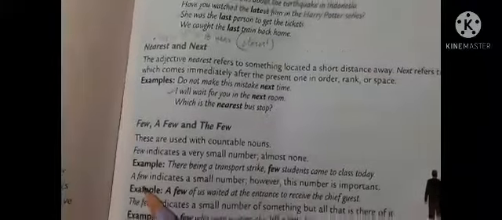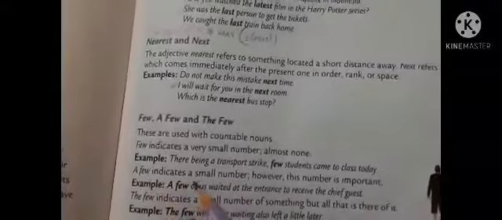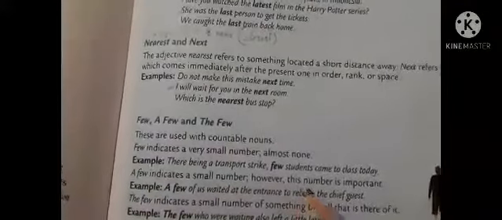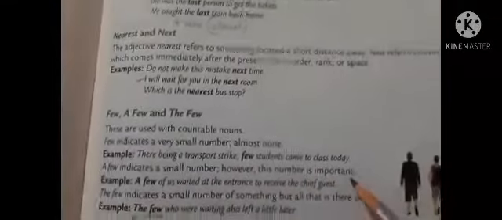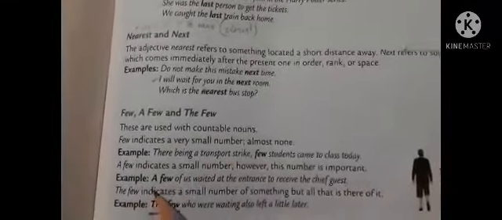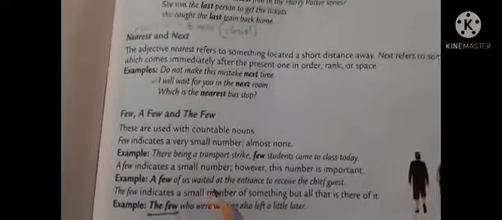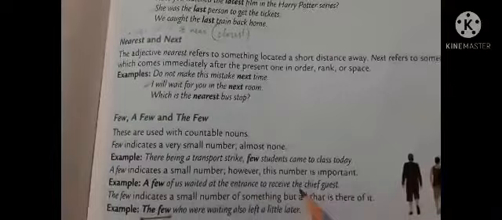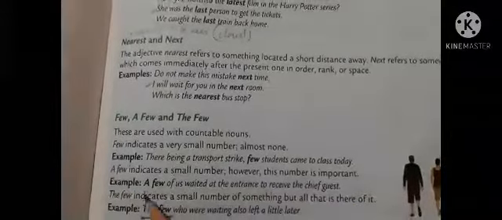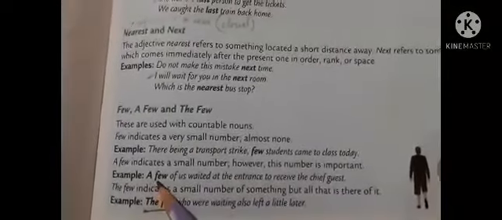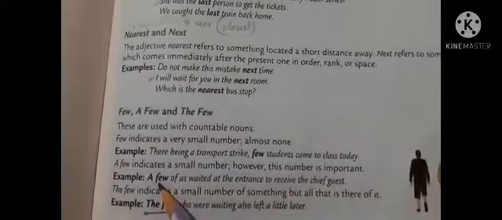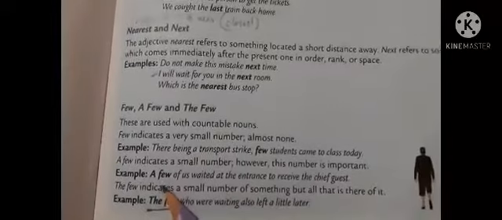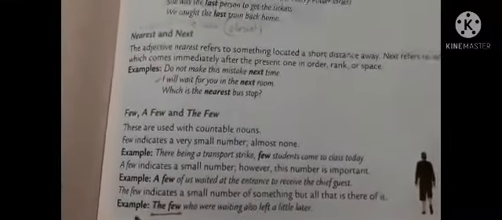Secondly, a few indicates a small number. However, this number is important. For example, a few of us waited at the entrance to receive the chief guest. So here a few refers to a small number, but this number is important. All right.